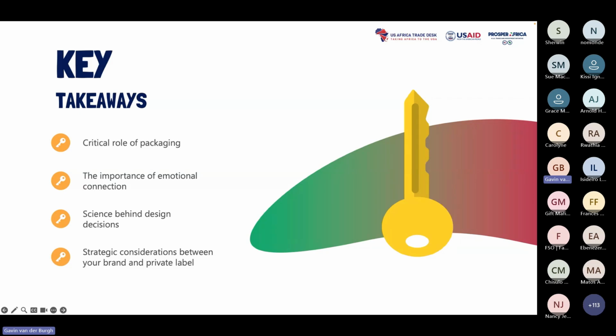The critical role of packaging, the importance of the emotional connection, understand the science behind the decisions that the customer is making, and consider your brand versus private label. Remember, if you are offered a private label or the ability to pack in private label, that is a privilege. Okay, weigh up the option of giving up your own brand's identity for the long-term sustainability.